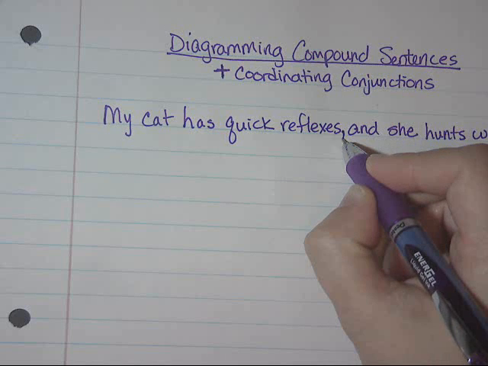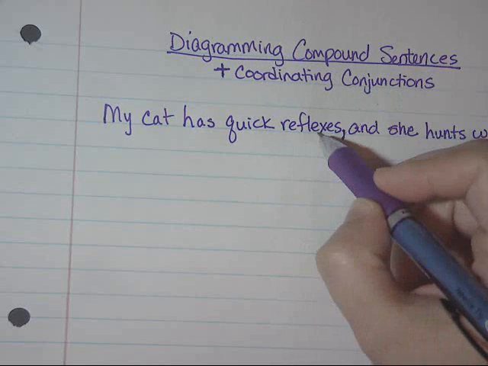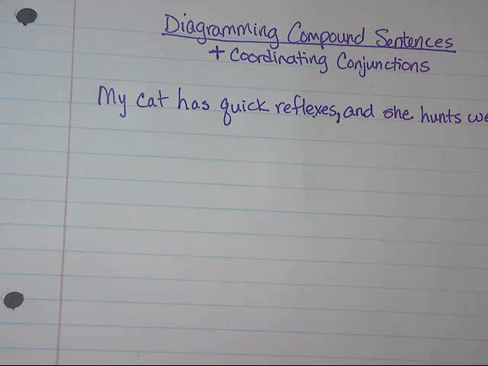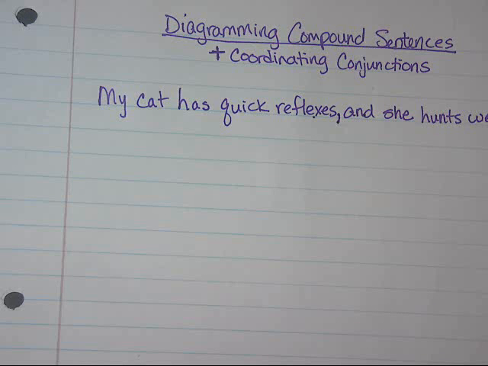We need a comma after reflexes and before the conjunction to indicate that that conjunction joins two full sentences.